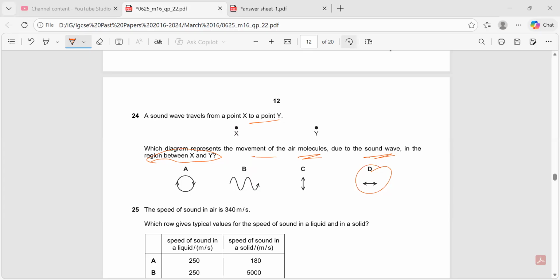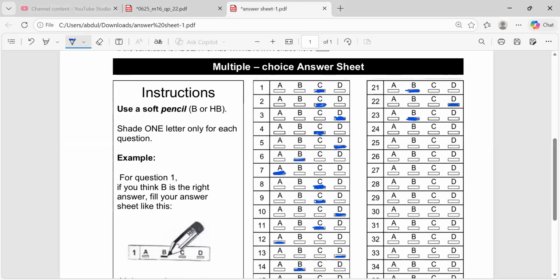So there will be vibrations in this direction from X to Y. Sound is traveled by vibrations. So B and A cannot be possible. A and C and D. Why D? Because it is moving from X to Y in the form of vibrations. So correct answer for 24 is D, and that is longitudinal wave. Compressions and rarefactions, and D is the correct answer. Be very careful in exam, and this is a repeated question by the way.